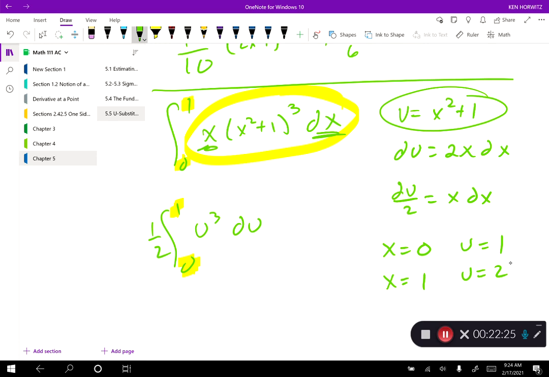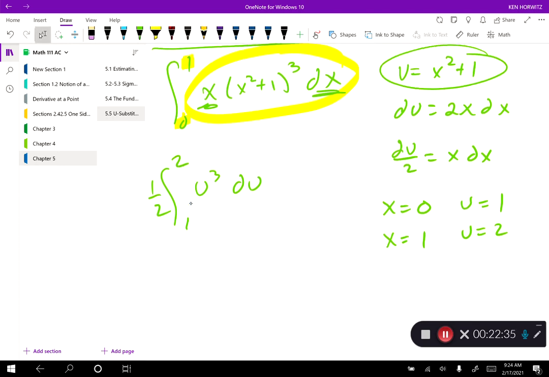So in order to make my substitution complete, I now have an integral between 1 and 2. Now, the good part about this is remember that substitute back that we were constantly doing at the end of the indefinite integral? Because I changed everything to u, and it's a definite integral, I'm not going to need to substitute back, which I think makes things way, way easier.